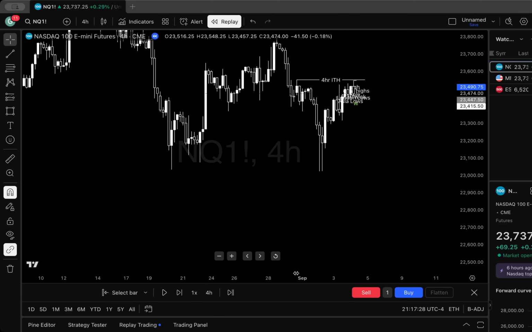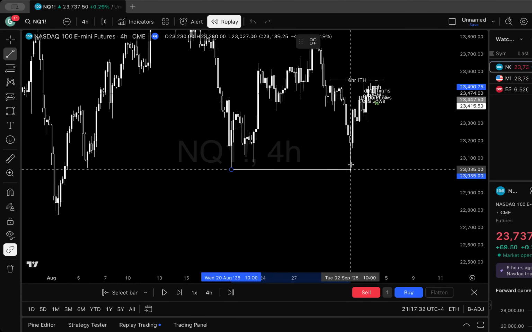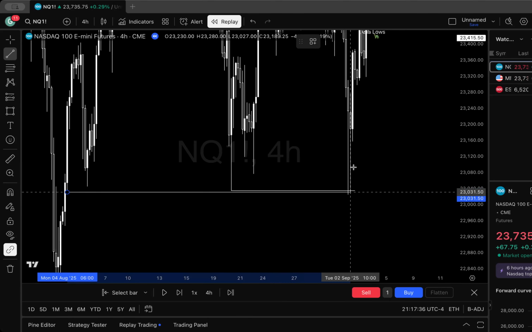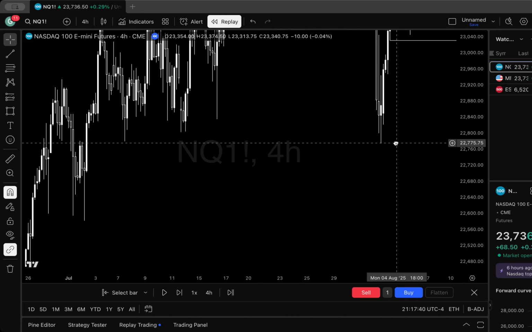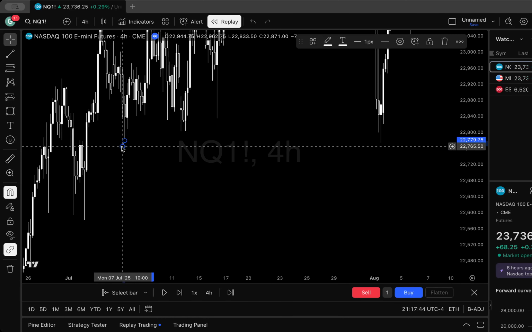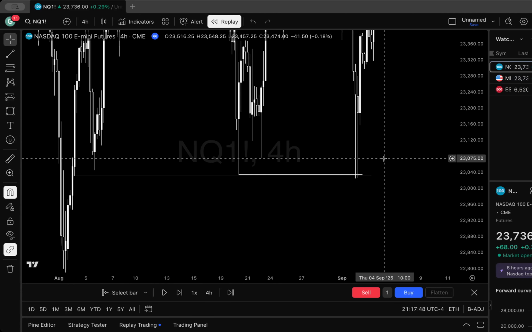This was, I believe, previous week low or just a weekly low. We took this low out and also this 4-hour gap here. So I didn't really expect price to trade lower than this, just because these lows look protected. So yeah, you can definitely expect some rejection from here.